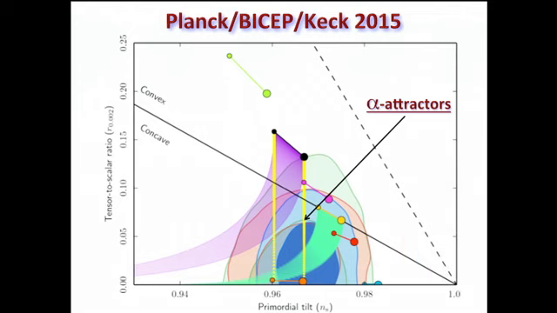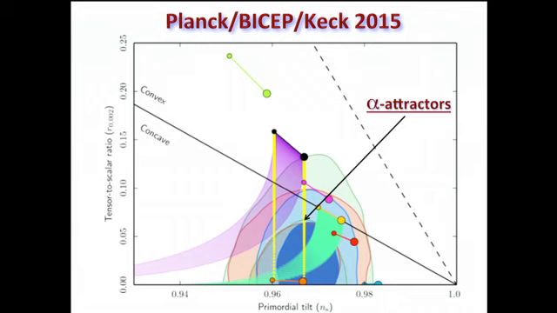This is Planck results, and pay attention to these two yellow lines. These are so-called alpha attractors. When alpha, some parameter, is equal to infinity, it gives you the m squared phi squared model. When alpha becomes smaller and smaller, it comes to describe this point, which is sometimes associated with the Starobinsky model or with Higgs inflation.